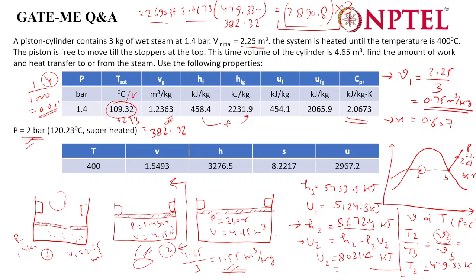So lot of calculation mistakes are going on. So what we know here, from here to here it is a constant pressure process, right? Means point 1 to point 2. Yes, sir. So for the constant pressure process, we know the difference of enthalpy is the heat given to the system, correct?